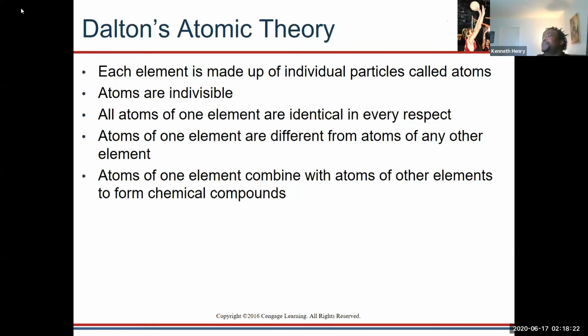Then he said, all atoms of one element are identical in every respect. Atoms of one element are different from atoms of another element. And then lastly, he said, atoms of one element combined with atoms of another element can form chemical compounds.